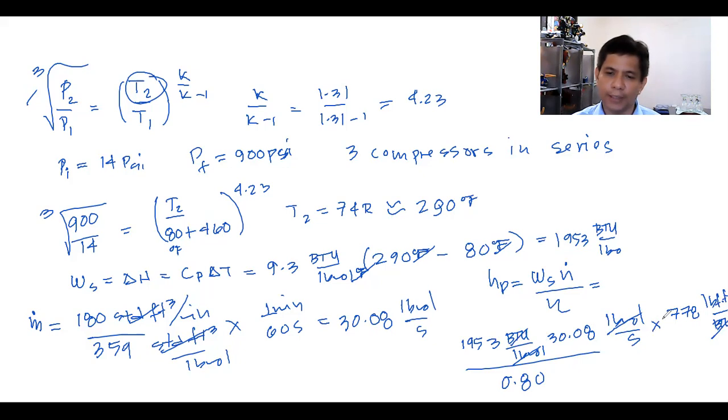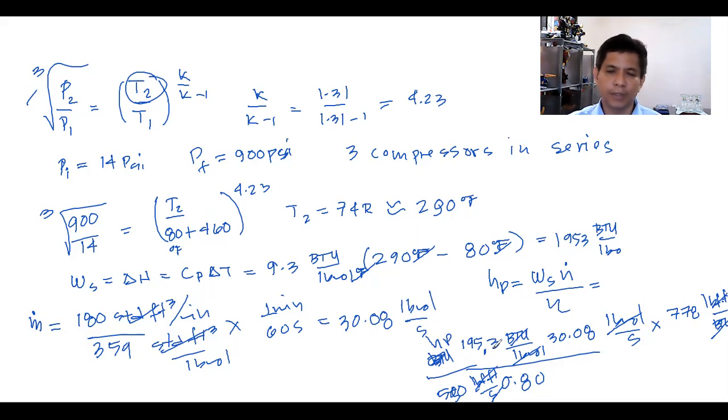So pound force foot per second, and then I'm going to divide this by 550, sorry, 550 pound force foot per second for every horsepower. So horsepower na ito. It will cancel and horsepower is what comes out. It's 195.2.